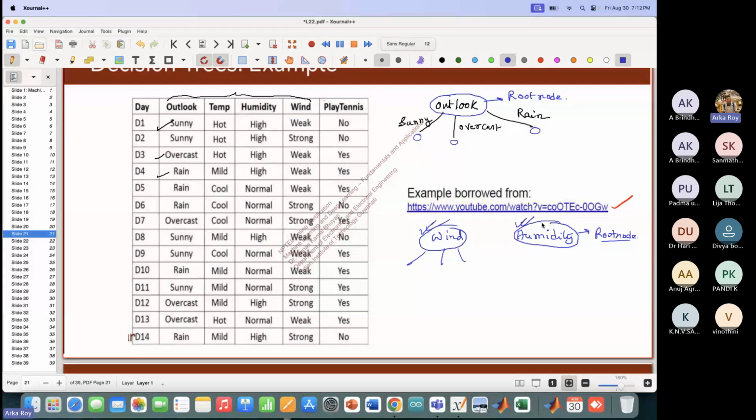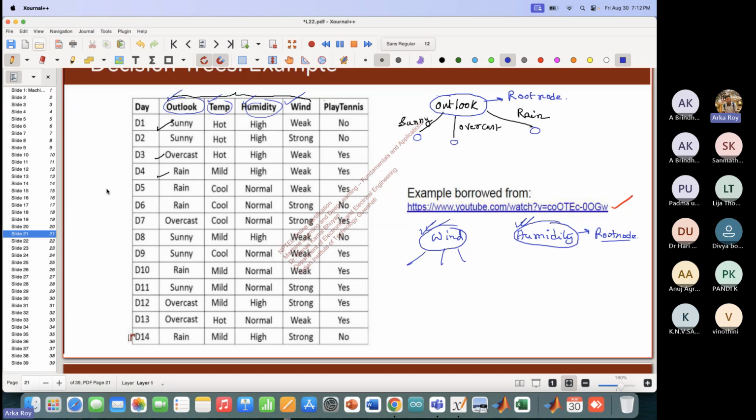So you have to choose which categorical variable to use at each of these nodes. I can choose this one, this one, or this one. Now the question is, which is the optimal one to choose?